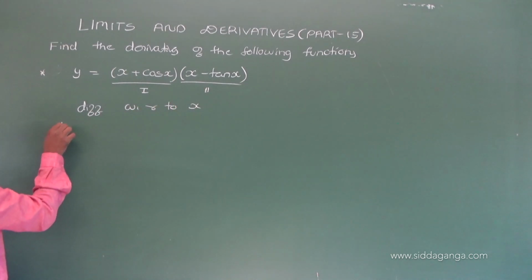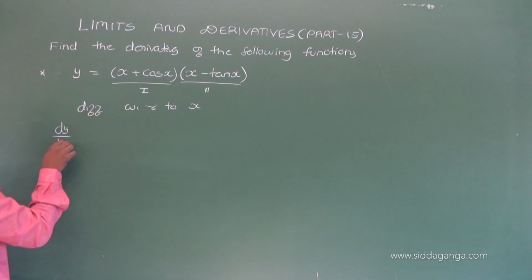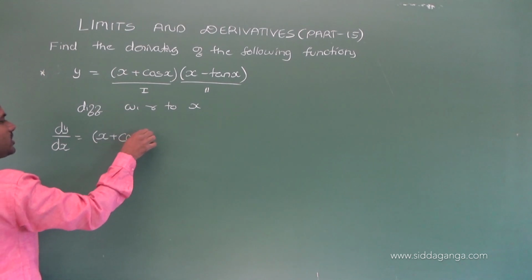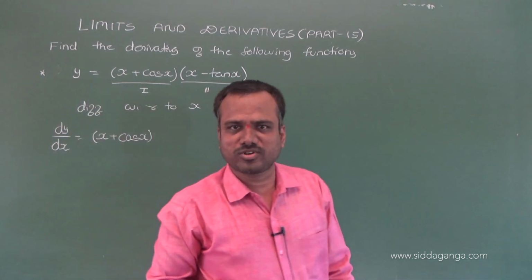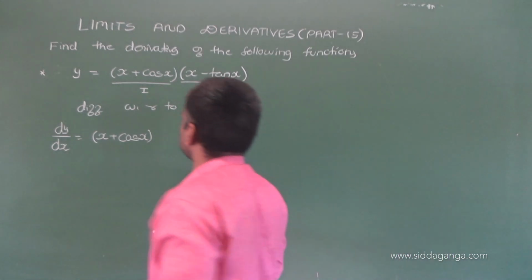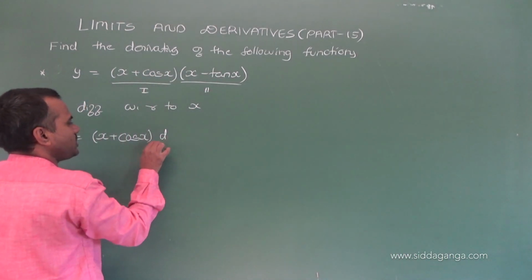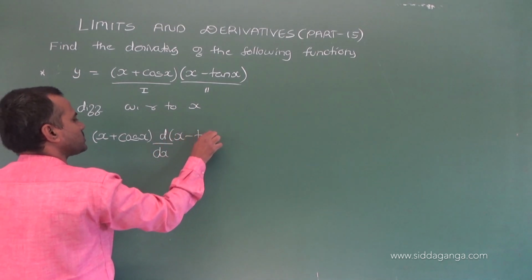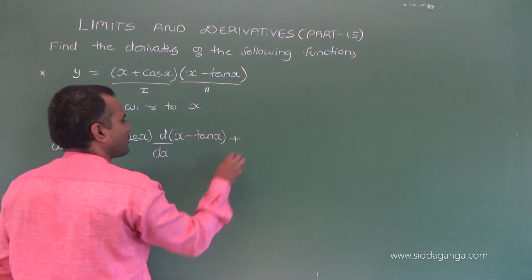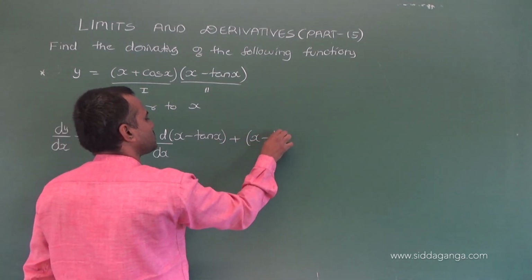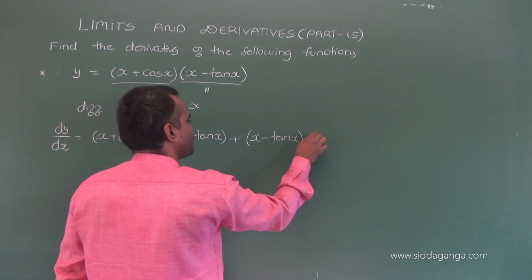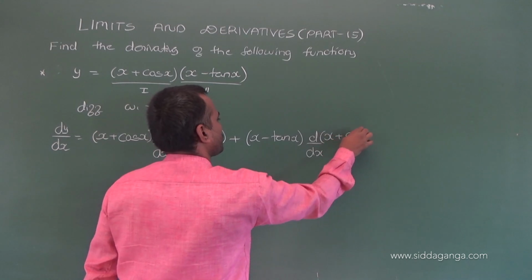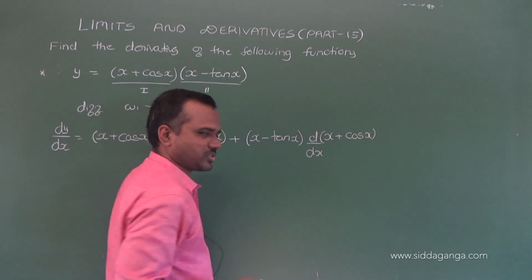So y with respect to x, we write dy by dx equals first function, x plus cos x, into d by dx of x minus tan x, plus x minus tan x into d by dx of x plus cos x.